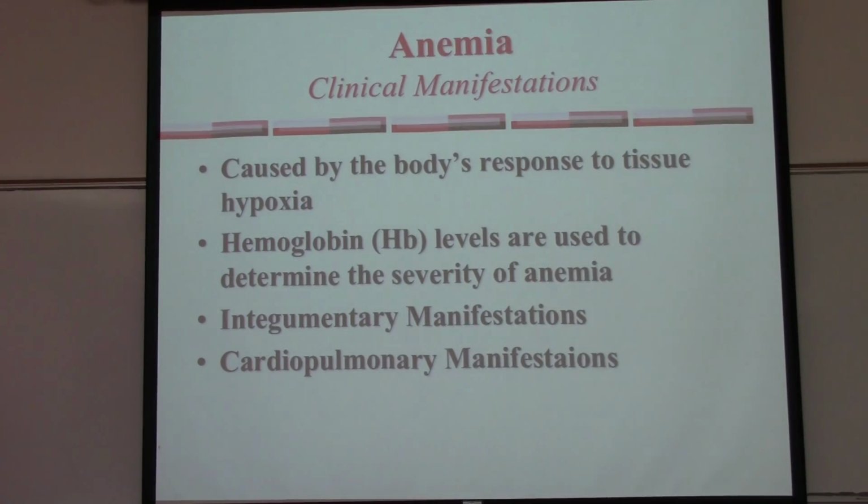So if there's a problem with cars, then one of the compensatory mechanisms is for the pump to send the car around extra, and that is reflected in the increased heart rate. If I can get the blood to the tissues and make that car travel more often, then I can make up some of the deficit in tissue oxygenation.